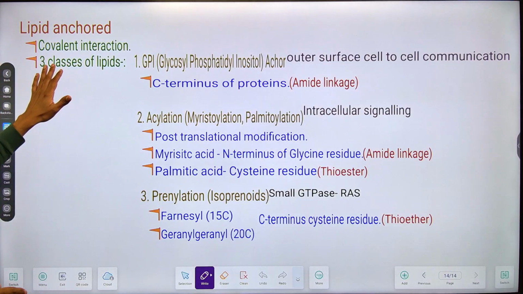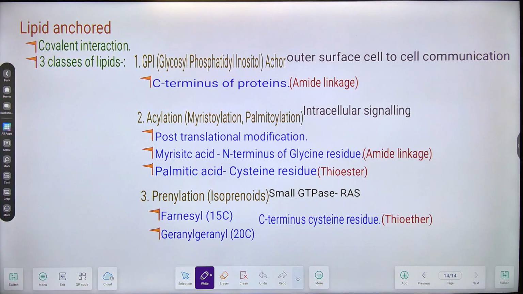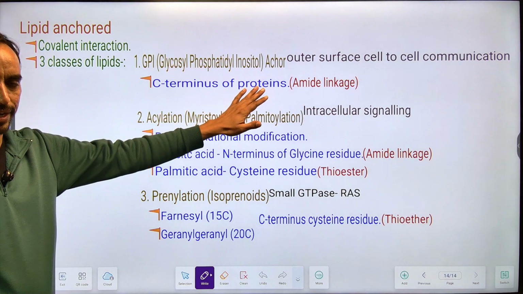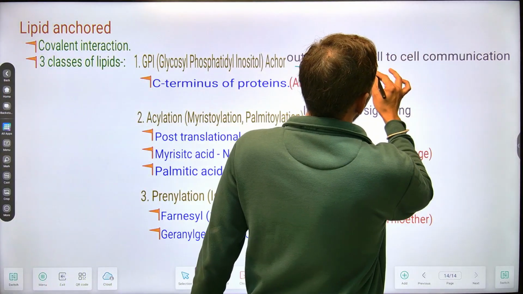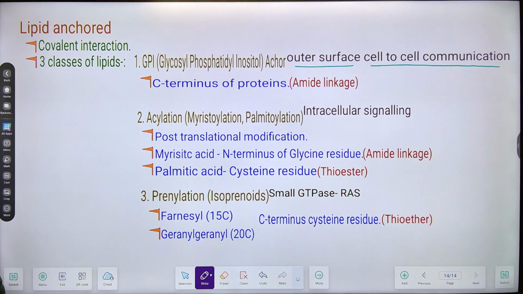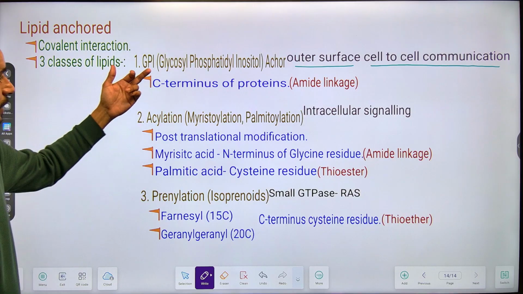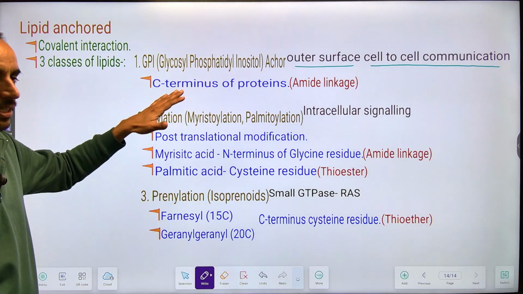So we can classify these lipid anchored protein into three different classes. First is the GPI anchored protein, which is called as glycosyl phosphatidyl inositol anchored protein, which remains present toward the outer phase and plays an important role in cell to cell communication. Cell to cell जो communication है उसके अंदर important role play करते हैं. Now these glycosyl phosphatidyl inositol, they generally attach to the C terminus.